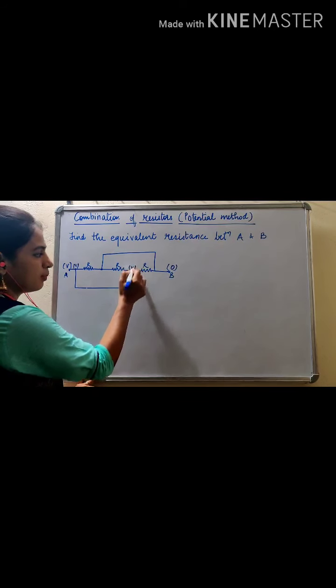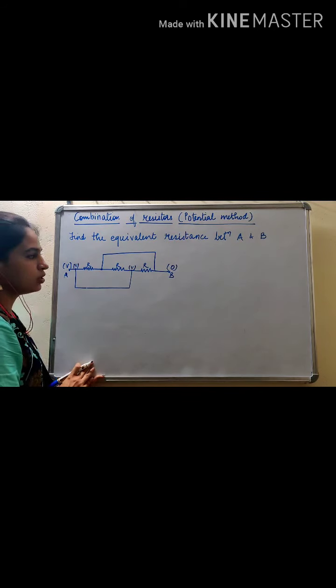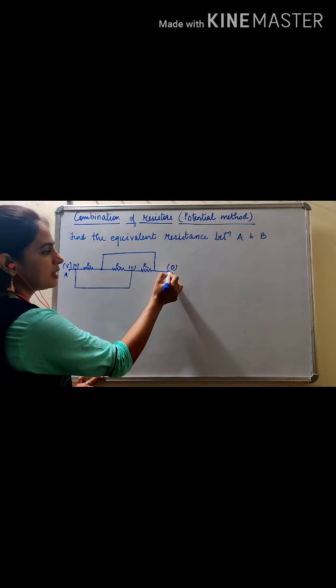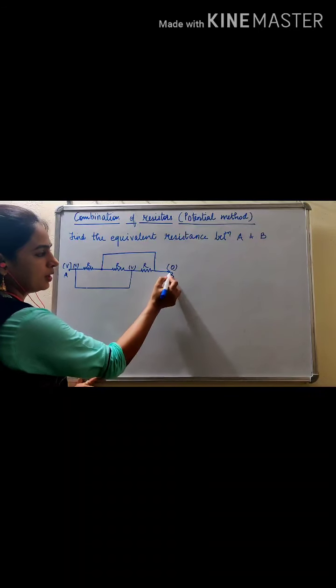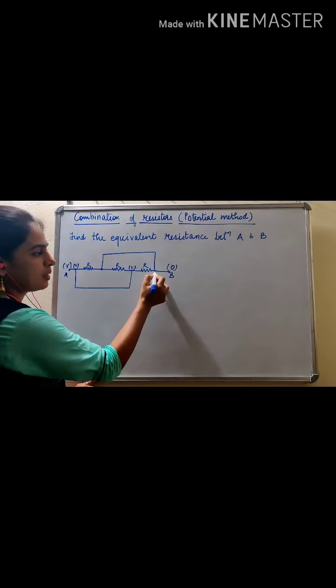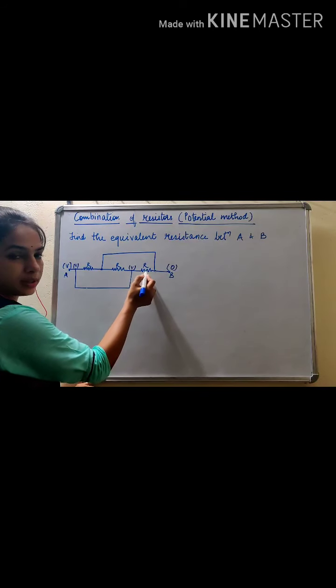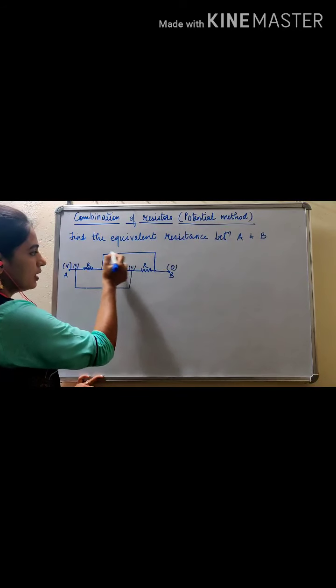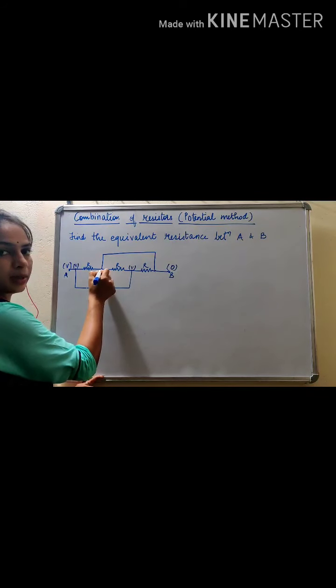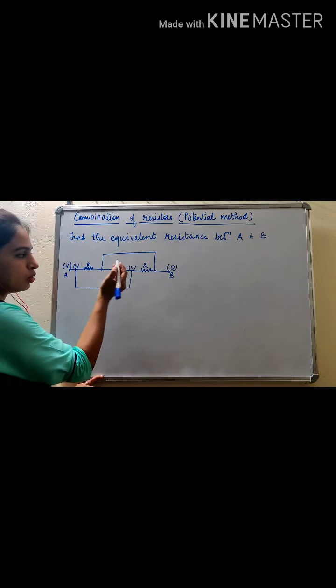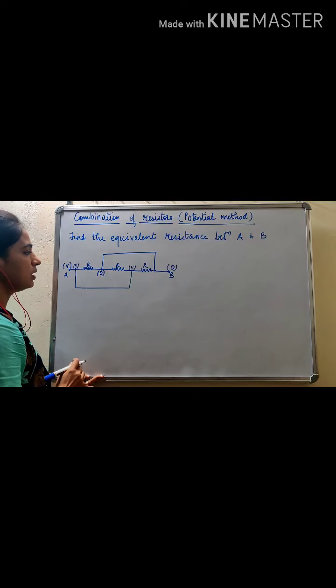That means this point is also at potential V. Similarly, terminal B is at potential 0, so this becomes 0. Here there is a resistance, so that cannot be the same potential. This point and this point are connected by connecting wires, so this will also be 0.